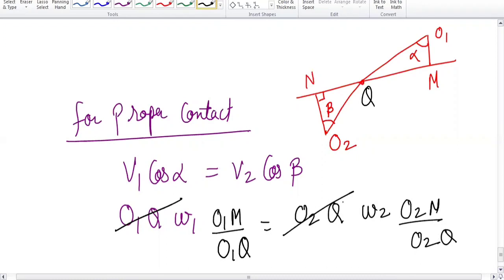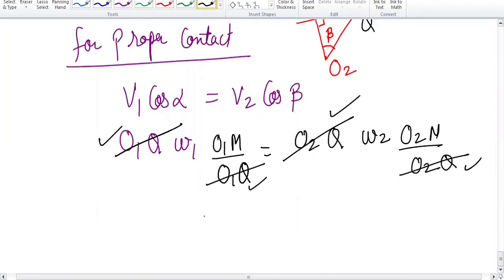Why are they equal? Because later on I will prove that this point is not Q, this is the pitch point P. O1Q is cancelled by this O1Q, and O2Q is cancelled by this O2Q.